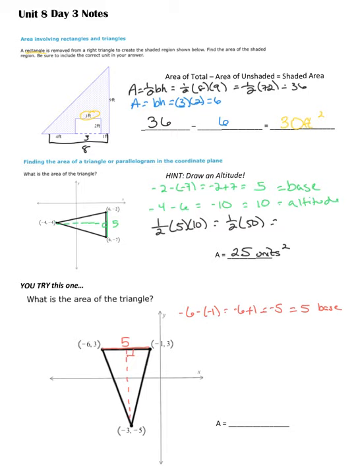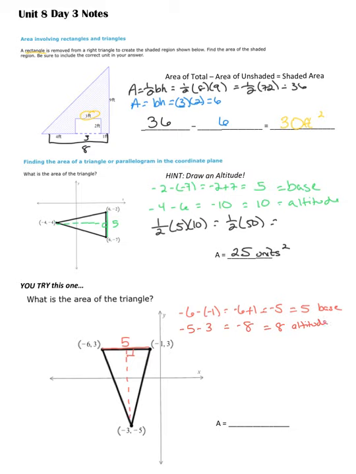Now we're going to find the distance between the y-coordinates because that's up and down. From -5 to 3. -5 minus 3, whoops, helps if you write the right numbers. Yeah, let's try that again. -5 minus 3 equals -8. Distance is always positive. 8 is the altitude.